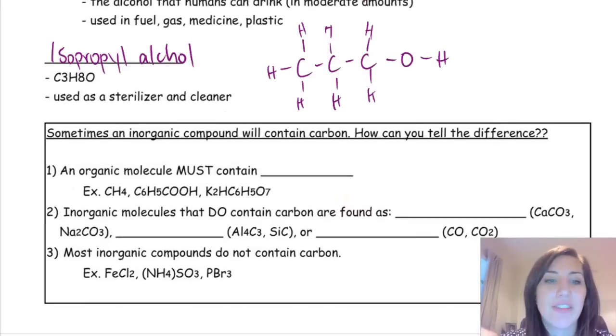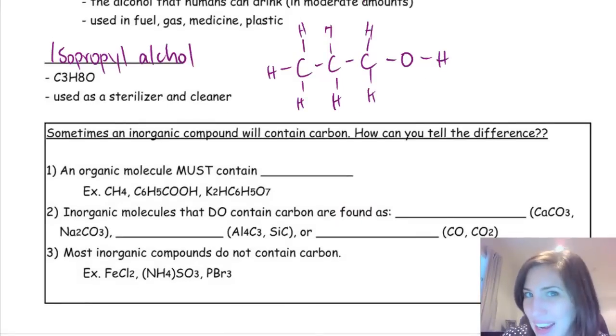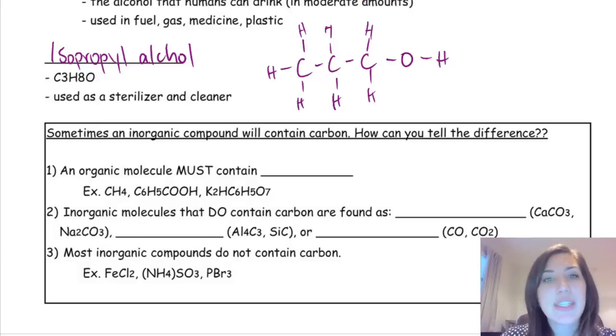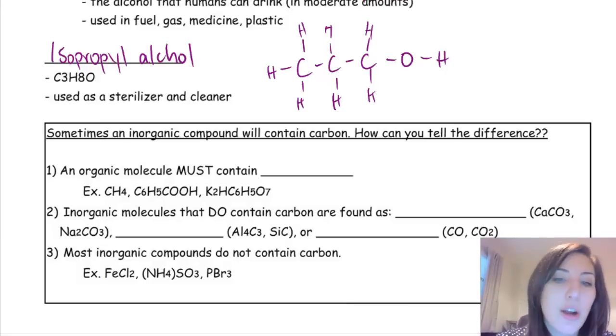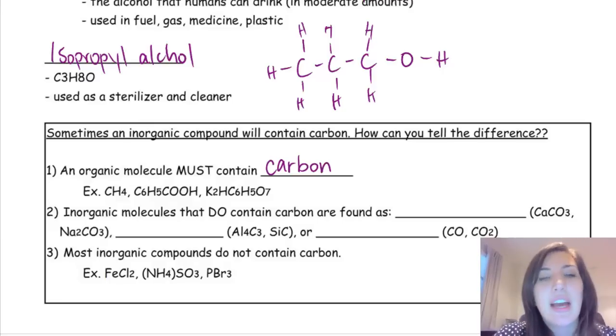Give the differences between. So we said before that sometimes an inorganic compound can have a carbon in it. Oh no, what are you going to do? How can you tell the difference between organic and inorganic compounds then? Well, first step, an organic molecule must contain carbon. So if someone asks you, A, B, C, D, which of these is not an organic molecule, if it doesn't have carbon, it cannot be organic.